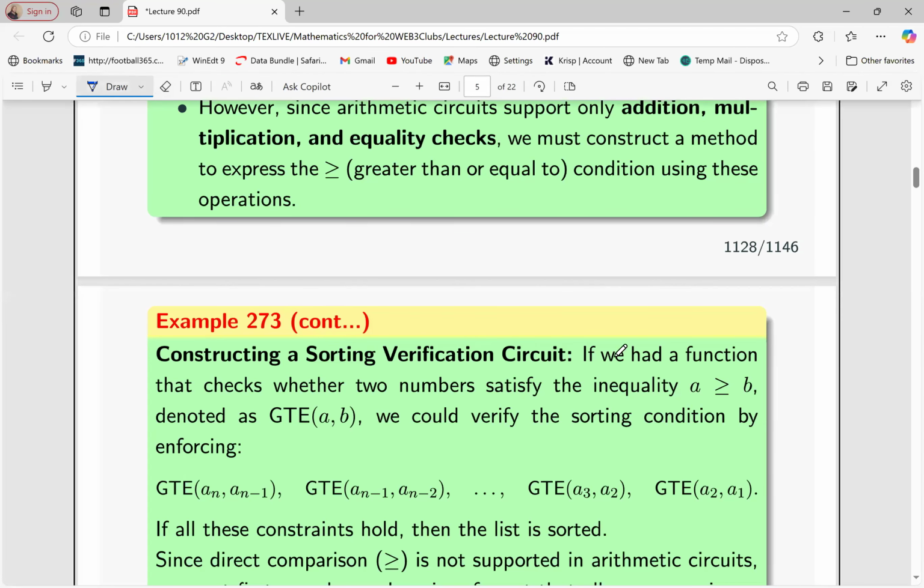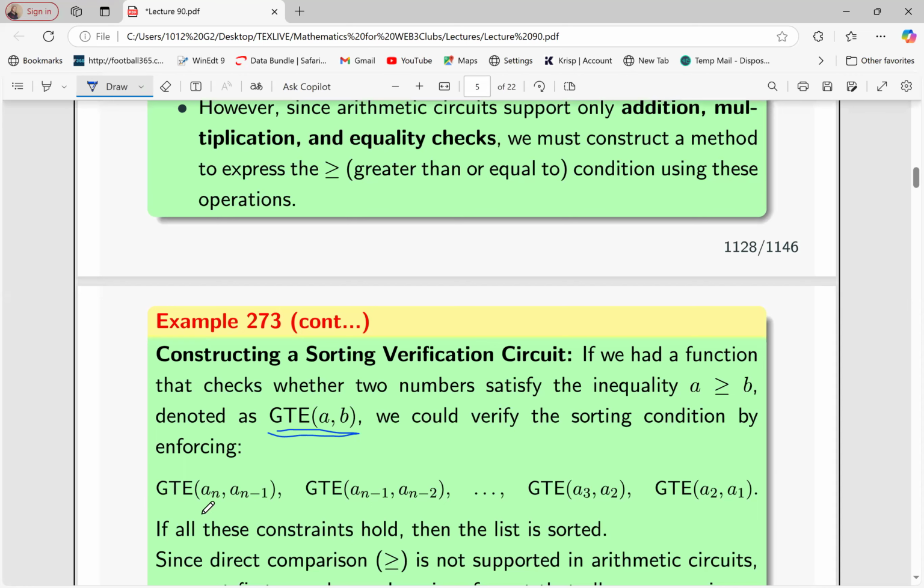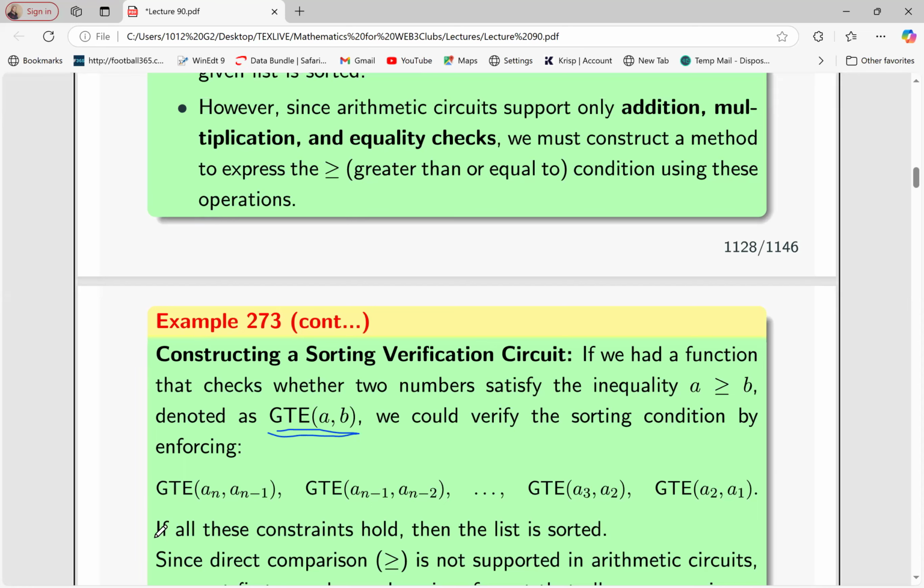So I've written that if we had a function that checks whether two numbers satisfy this inequality, and supposing that function is denoted GTE, greater than or equal to (A, B), then we could verify that the sorting condition is satisfied by just verifying that. We are just arranging.